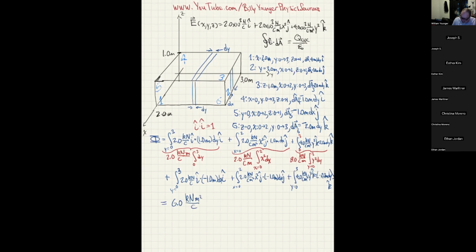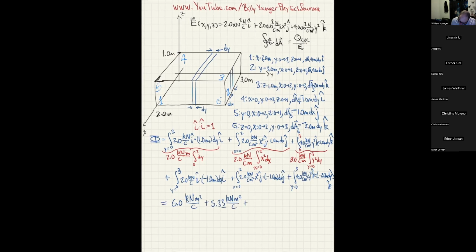So that's going to become 1/3 x cubed, which will be 1/3 of 2 times 2 times 2, which is 8. So 8 times 2 makes 16. And then I divide that by 3 and I get 5 1/3. So this will be plus 5.33 if I want to carry an extra digit, and that unit comes out to be kilonewton meters squared per coulomb, and that's for the second one.